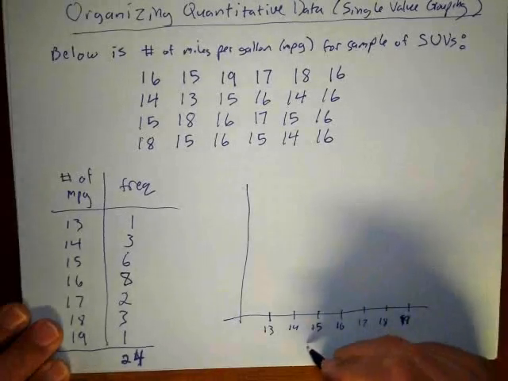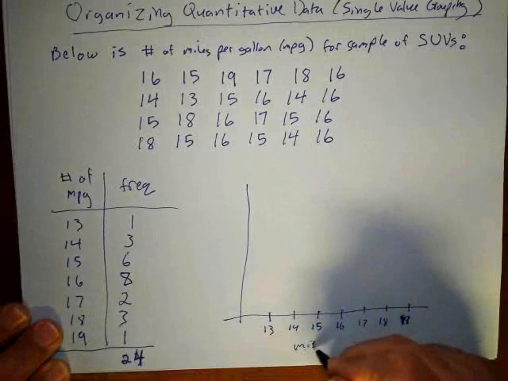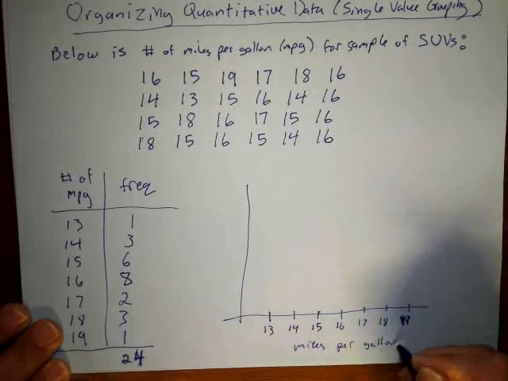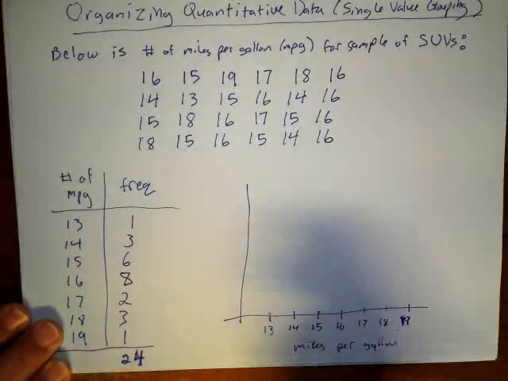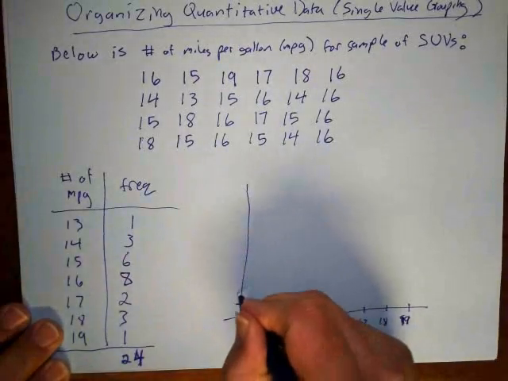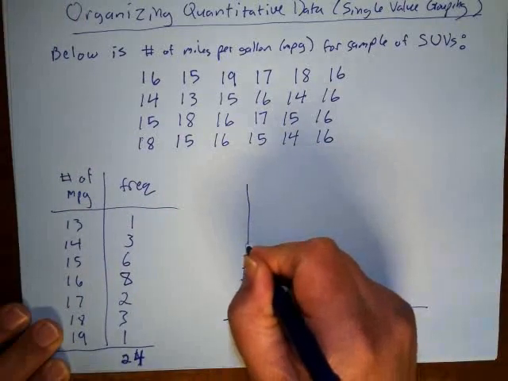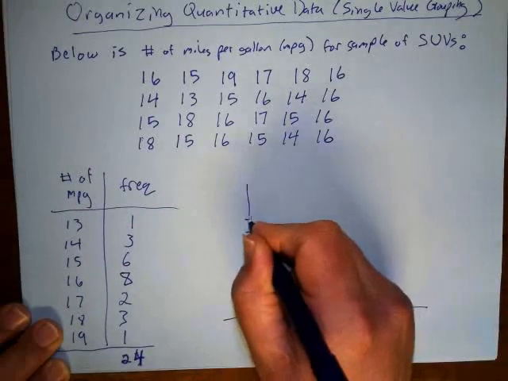Okay, so this is the number of miles per gallon. And then these need to go up to 8. So maybe I'll do 1, 2, 3, 4, 5, 6, 7, 8.